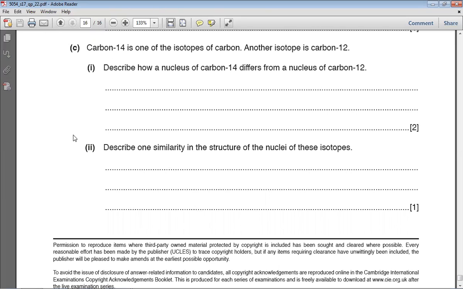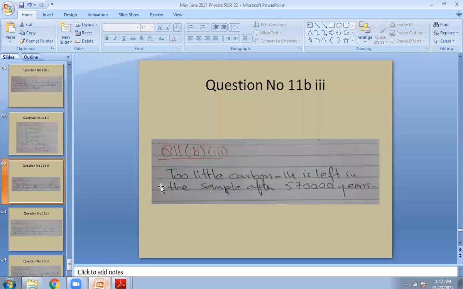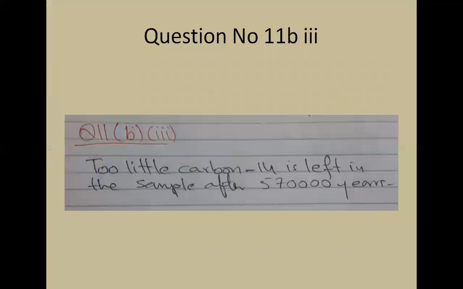So carbon 14 will have, I think, 8 neutrons, and carbon 12 will have 6 neutrons. And that is the difference between their nucleus. Then he says, describe one similarity in the structure of the nuclei of these isotopes. Both these isotopes will have the same number of protons in their nucleus. So that's the similarity.